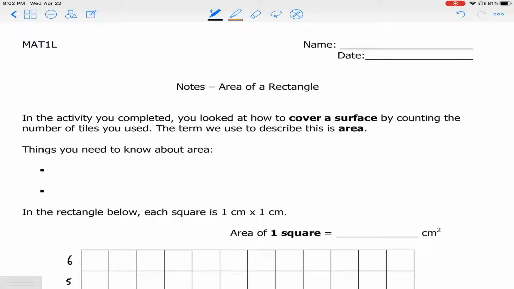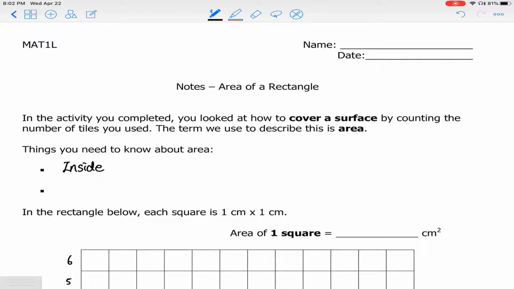There are a couple of things you have to remember in terms of what area represents. Here you looked at how to cover a surface by counting the number of tiles you used. The term we use to describe this is area. The area represents the inside.